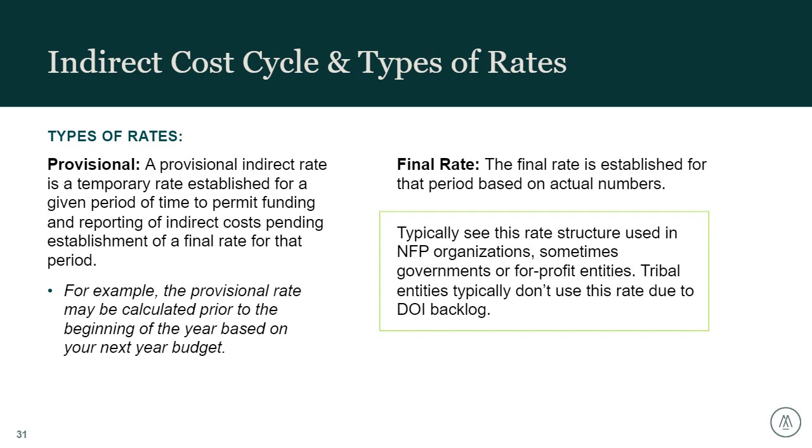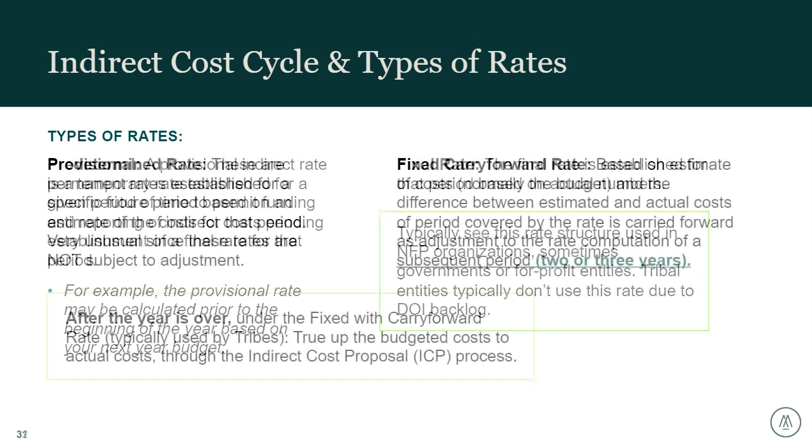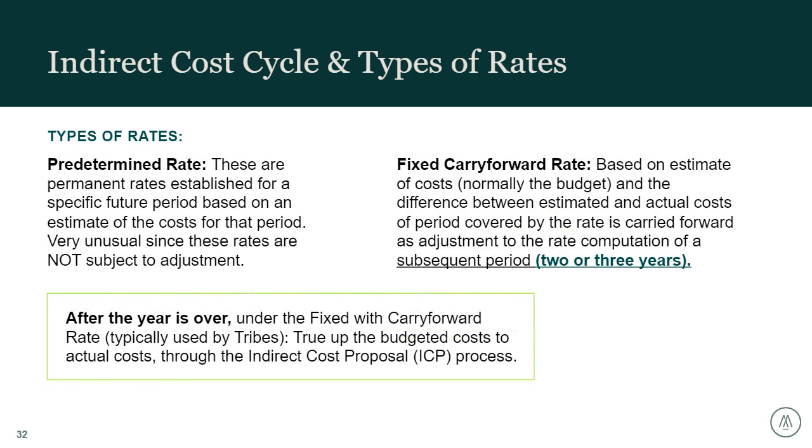From what I've seen, tribal entities typically do not use this type of rate because departments often carry a backlog and because of the timing of the audit. Next, two types of rate that I would like to touch on are the predetermined rate and the fixed or fixed carry forward rate.